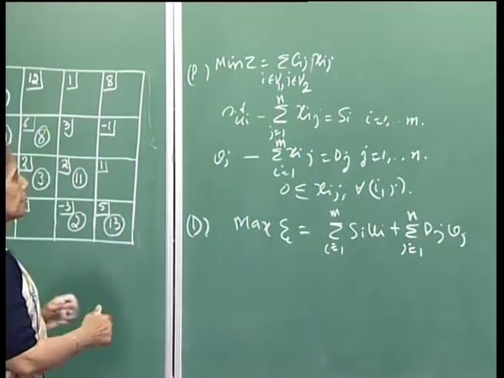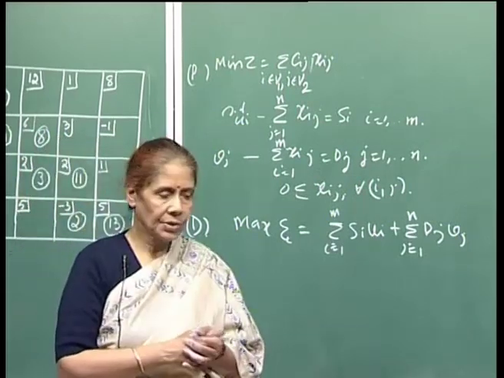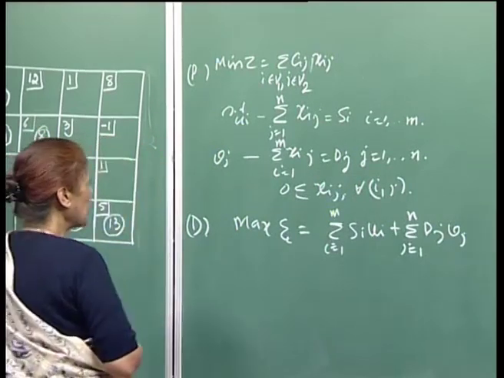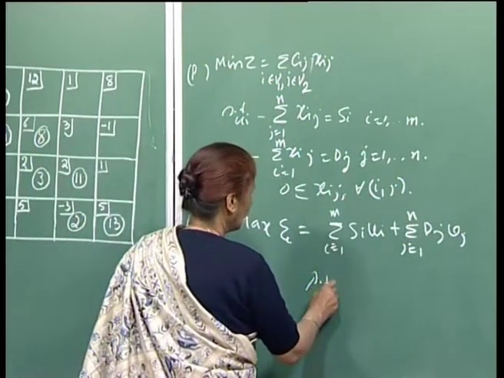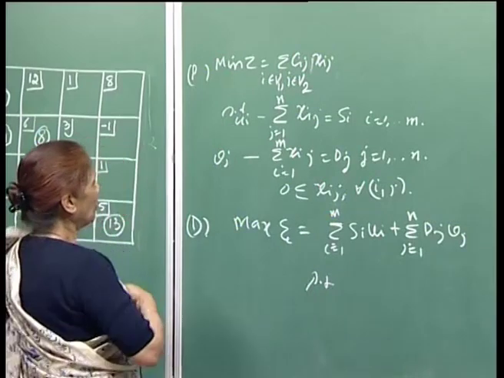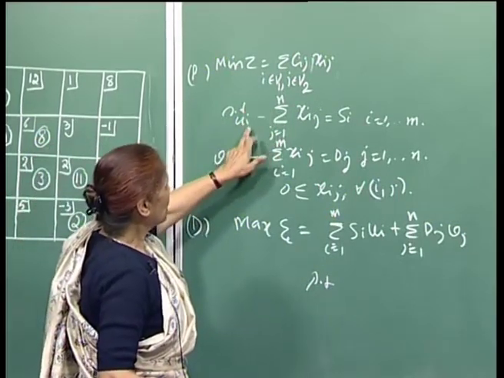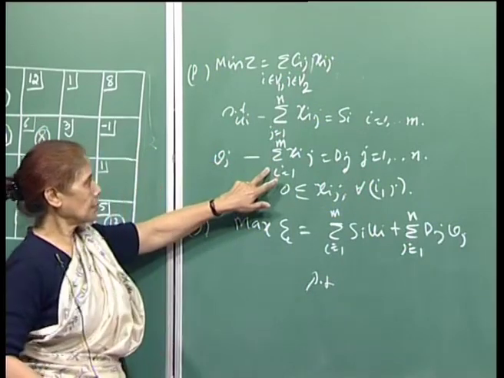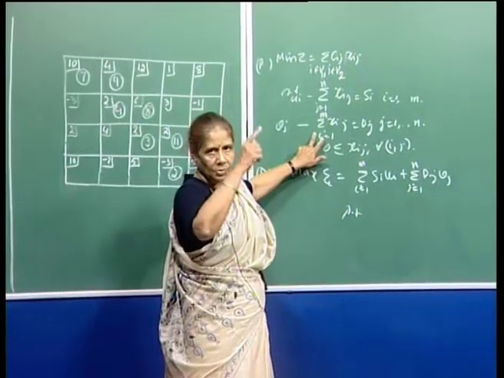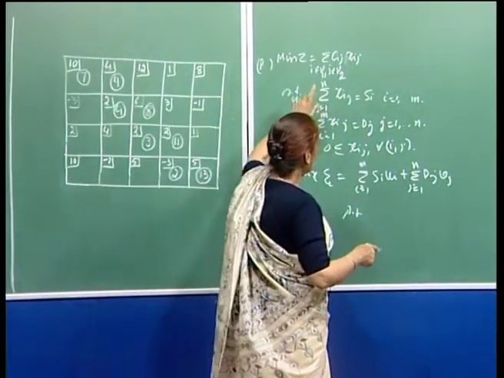And since your primal constraints are all equality constraints, there will be no restriction on the sign of the dual variables, but it is a minimization problem. So, subject to, now you see each column here becomes a row, right. So, a column has only 2 entries. So, there will be one entry corresponding to u_i and the other corresponding to v_j, because look at the column a_ij has an entry e_i and e_j.